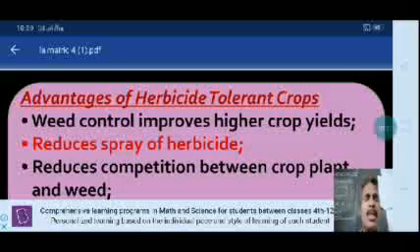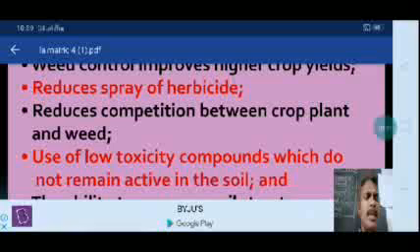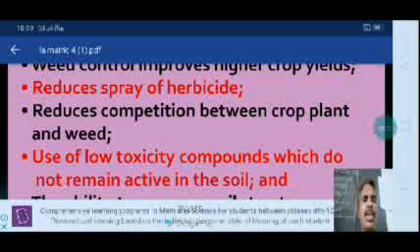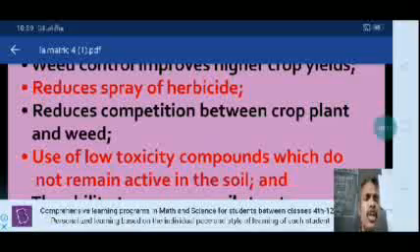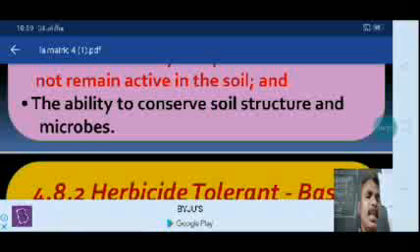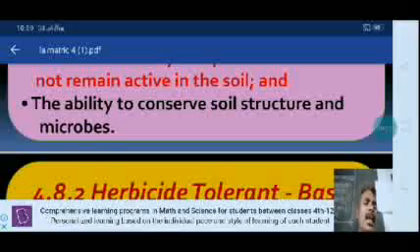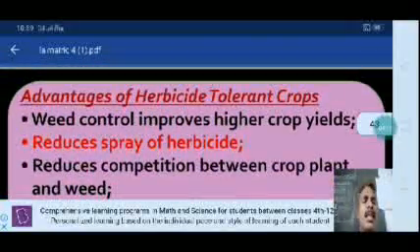Low toxicity compounds can be used which do not remain active in the soil. And there is the ability to conserve soil structure and microbes. These are the advantages of herbicide tolerant crops.